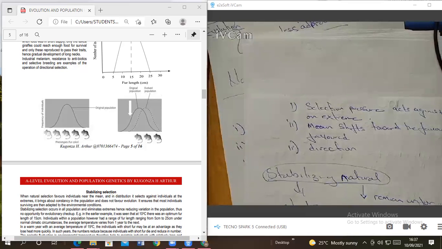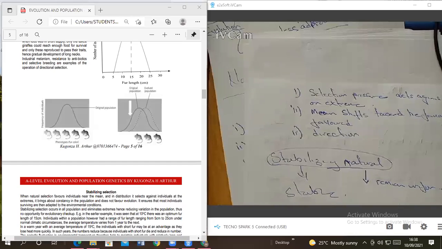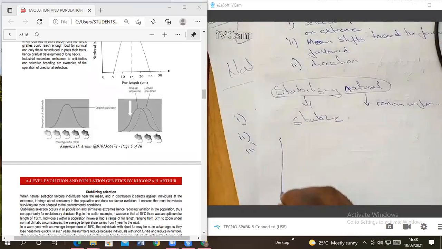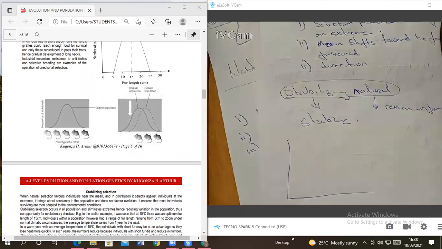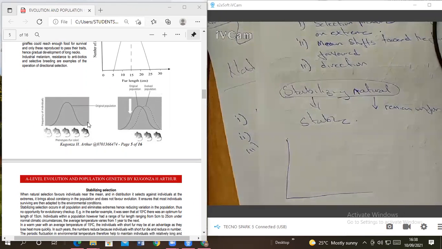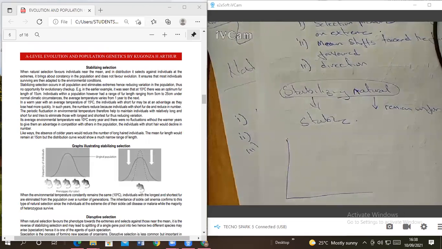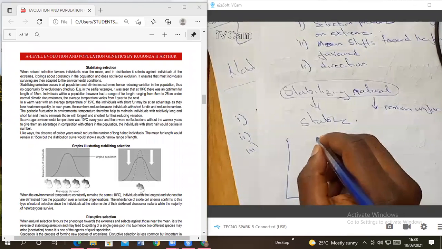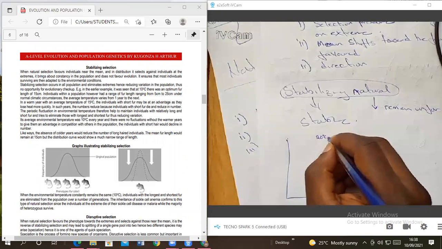Now, in stabilizing, this is what you can check here. We can still use fur length for easy understanding. In this case, let me assume the temperatures are between 20 degrees Celsius to 25.